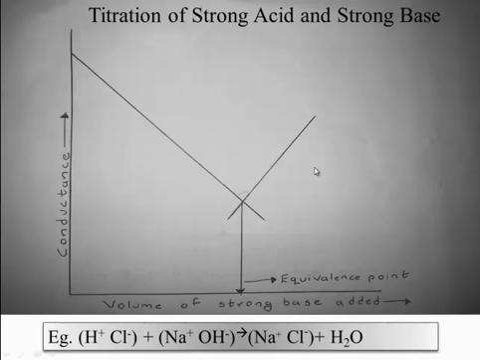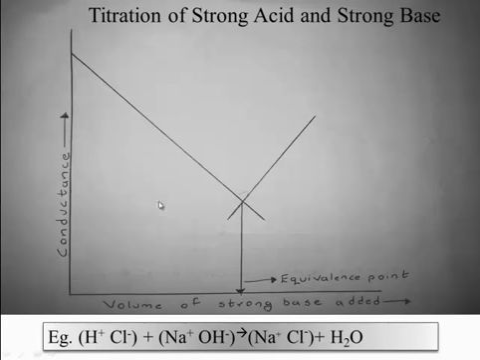Now let's look at the graph for titration of a strong acid versus a strong base. If you look at the ionic reaction, technically only H plus ions have reacted with the OH minus ions to form water. So initially when you have HCl, the conductance is quite large due to the availability of a large number of H plus ions in the solution.